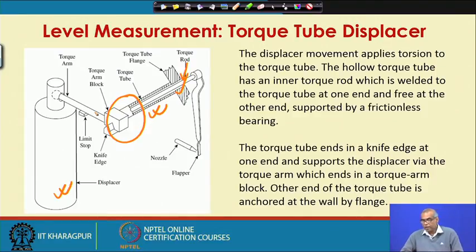The torque tube ends in a knife edge at one end and supports the displacer via the torque arm, which ends in a torque arm block. This is the torque arm block. The other end of the torque tube is anchored at the wall by a flange.